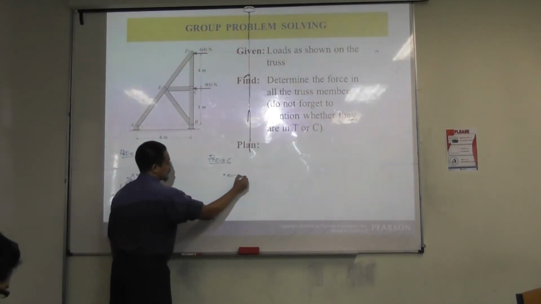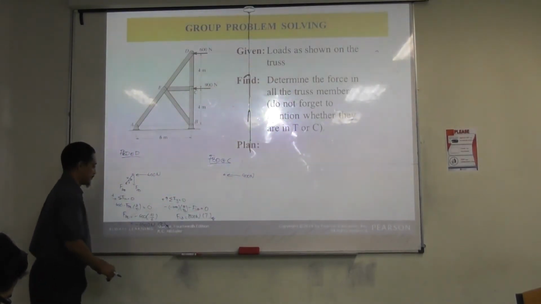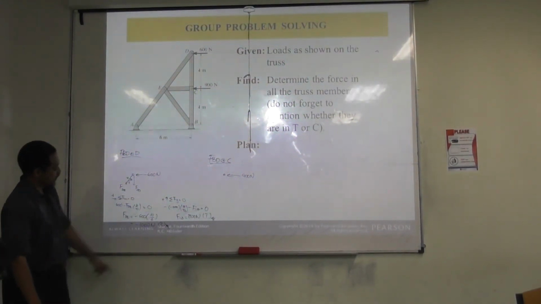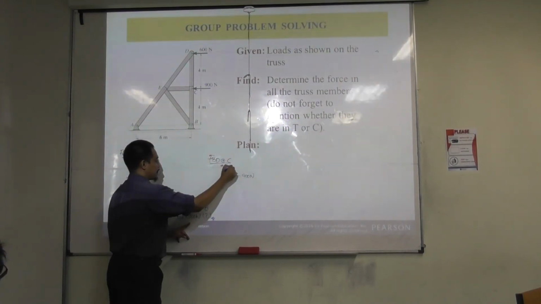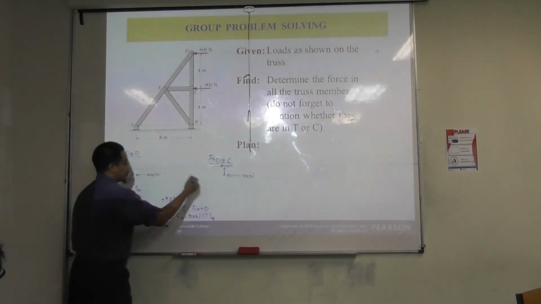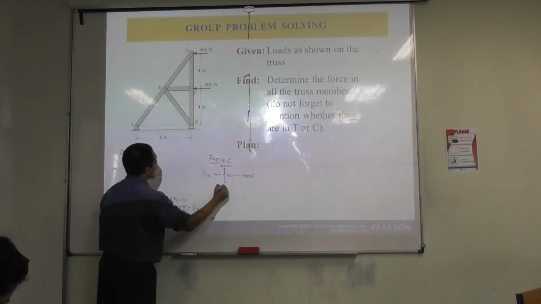So you get 900 Newton. Alright, FCD. You have already, it's 800 tension. How do you draw here? Good. 800 Newton. Why? It's tension going out, right? So if you assume tension for everything, you have something like this. So FCE, FBC.